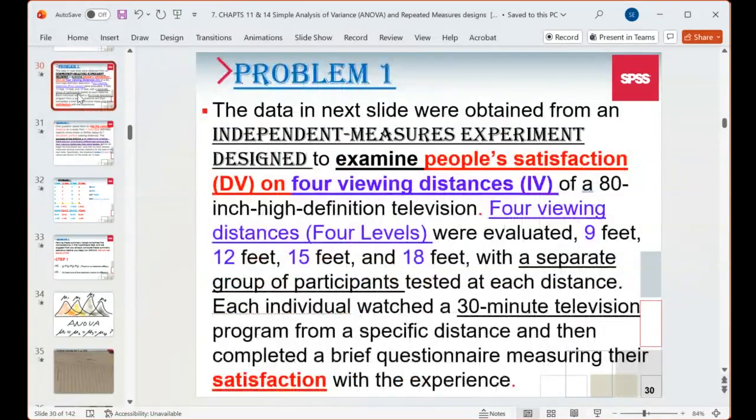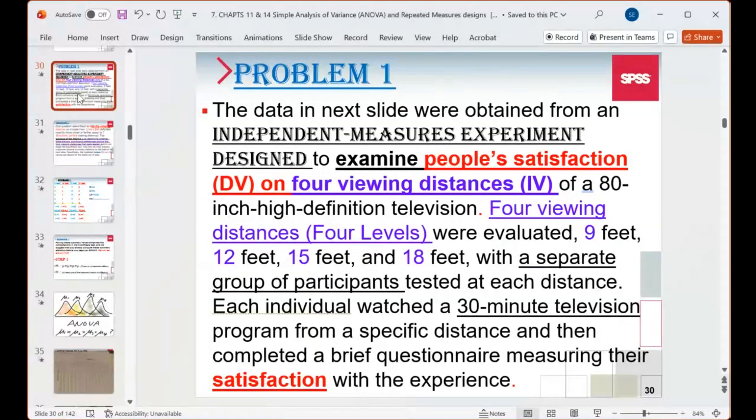People's satisfaction, which is in red, is the DV. That's a question, measured on a scale of 1 to 7, on viewing a big screen TV, so that's our IV, and it has 4 different levels from different viewing distances: 9 feet, 12 feet, 15 feet.